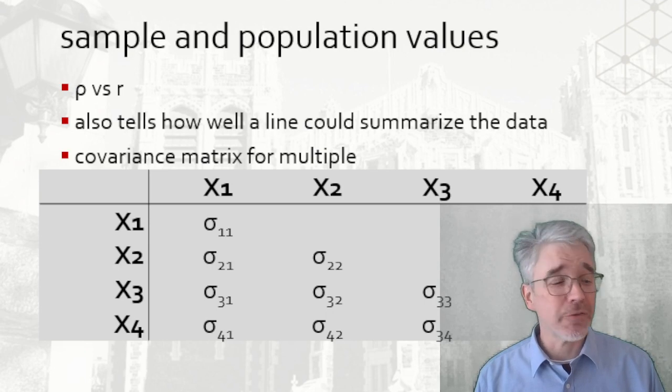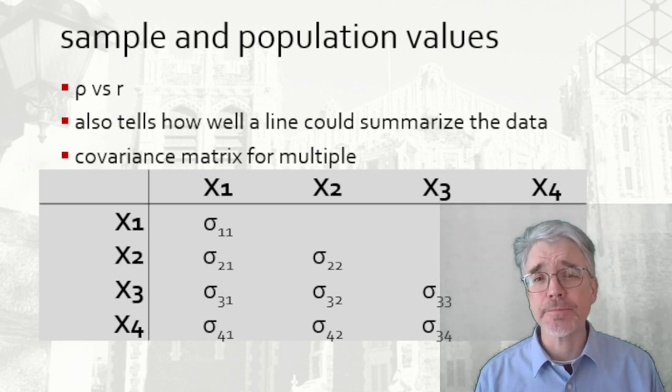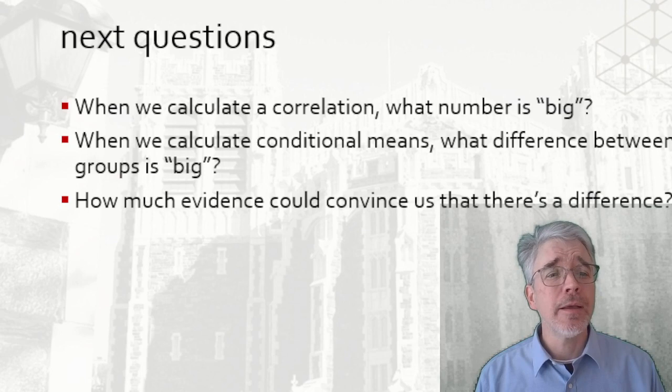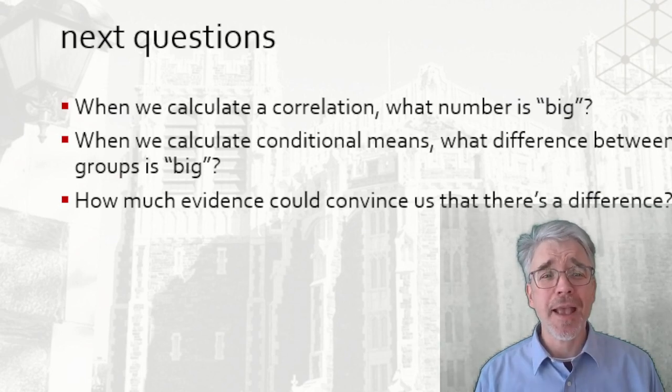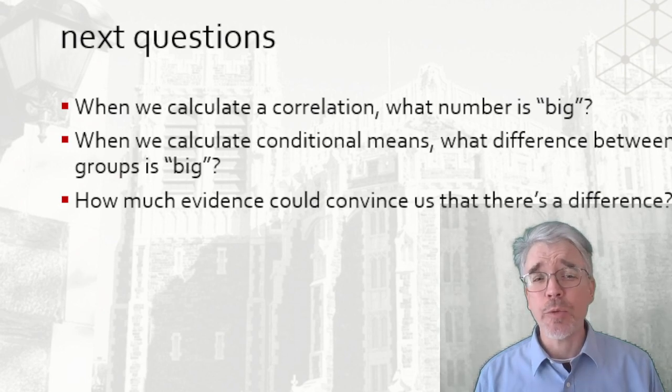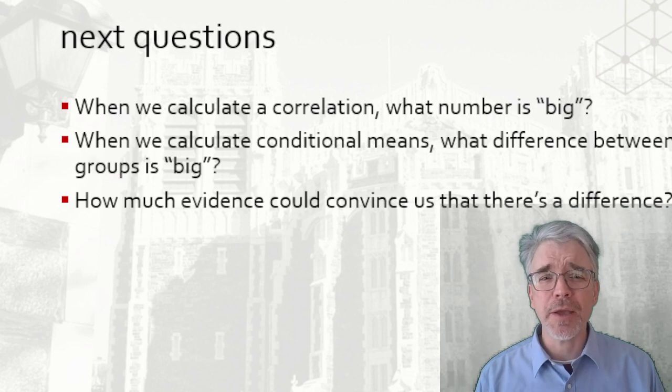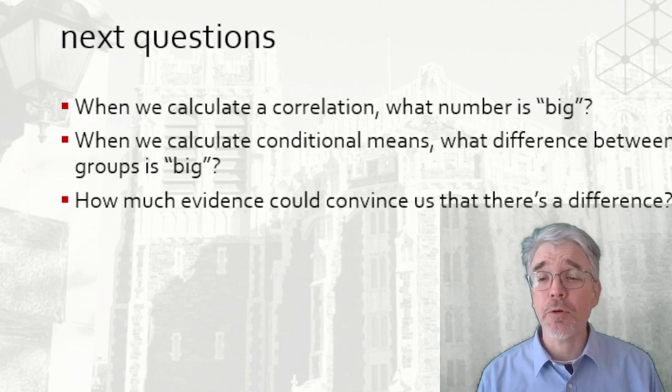Other correlations can be caused by the method of sampling. But we will come back, or go further, asking some questions. When we calculate a covariance or correlation, what number is big? Of course, we'll see random errors, but what amount of evidence can convince us that there's really an important correlation?